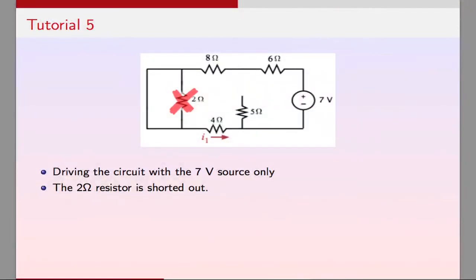Now notice that since the current source is removed, no current passes through the 5 ohm resistor. Notice also that since the 3-volt voltage source is replaced by a wire, the 2 ohm resistor is shorted out. So let's clean up the circuit and continue.